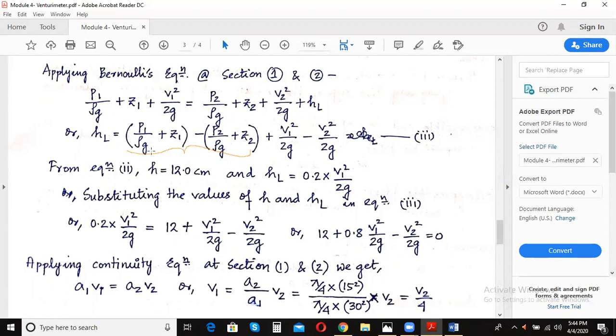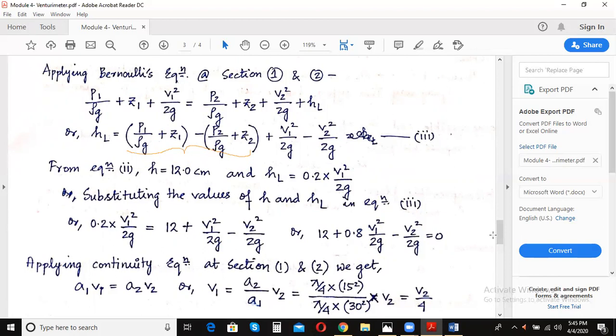And this big term is substituted by the value of H, which is equal to 12, plus V1 square by 2G minus V2 square by 2G. These two expressions will remain the same. Now if you simplify, you will get another expression that contains V1 and V2. I will ask you to simplify this expression by yourself.